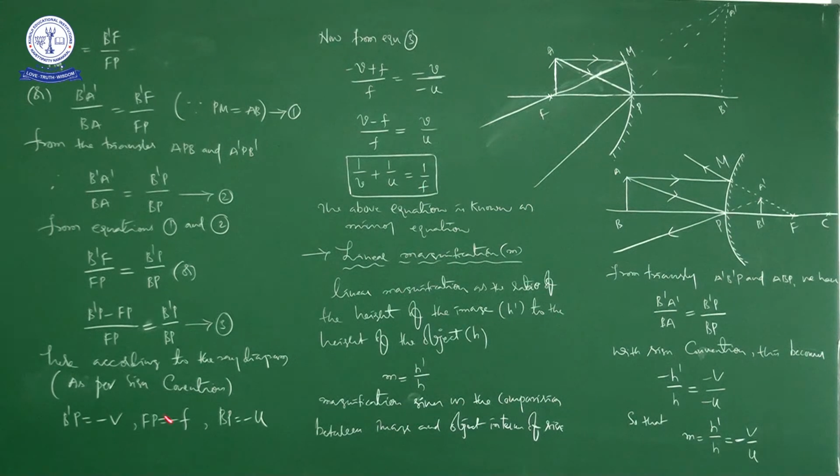When you substitute all these things here, it will be (minus V plus F)/F is equal to minus V/minus U, right? So the minus minus will get cancelled. So you can write this as (V minus F)/F is equal to V/U. Then the final step will be 1/V plus 1/U is equal to 1/F.